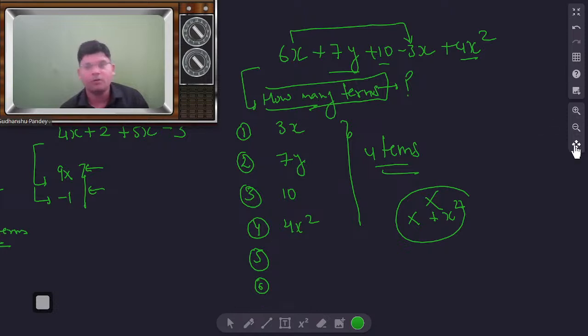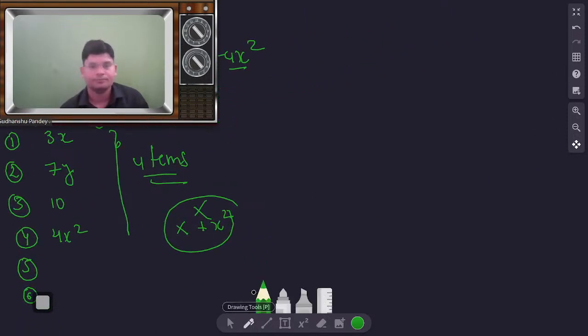I am writing it down. You can only add like terms. If you want to write in Hindi, you can write आलू सिर्फ आलू के साथ जुड़ता है.